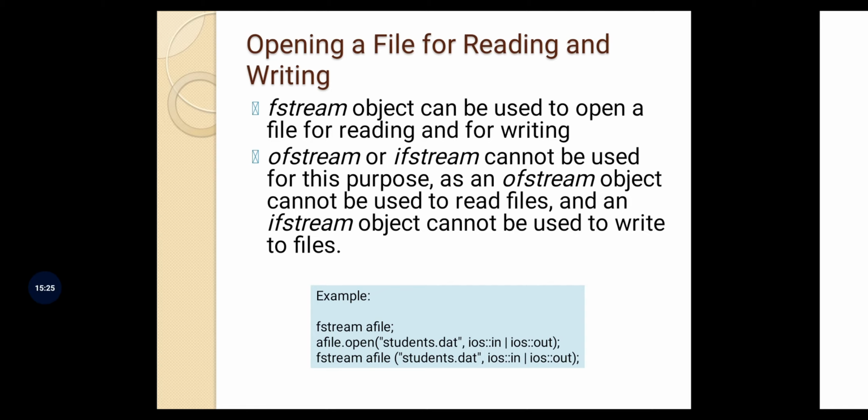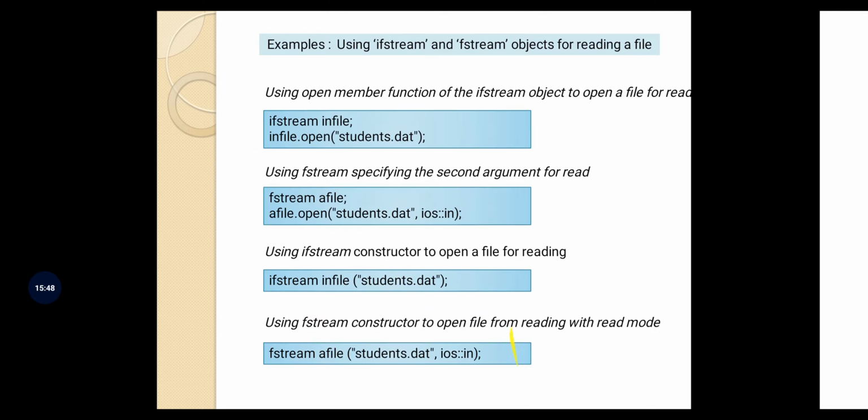So if you look at an example here, I have created an fstream object, and using this fstream object I am opening a file. Now the file name is student.dat, and if you look here, I have two modes, the in mode and the out mode, and both are appended. That means you are appending the modes using a bitwise operator.